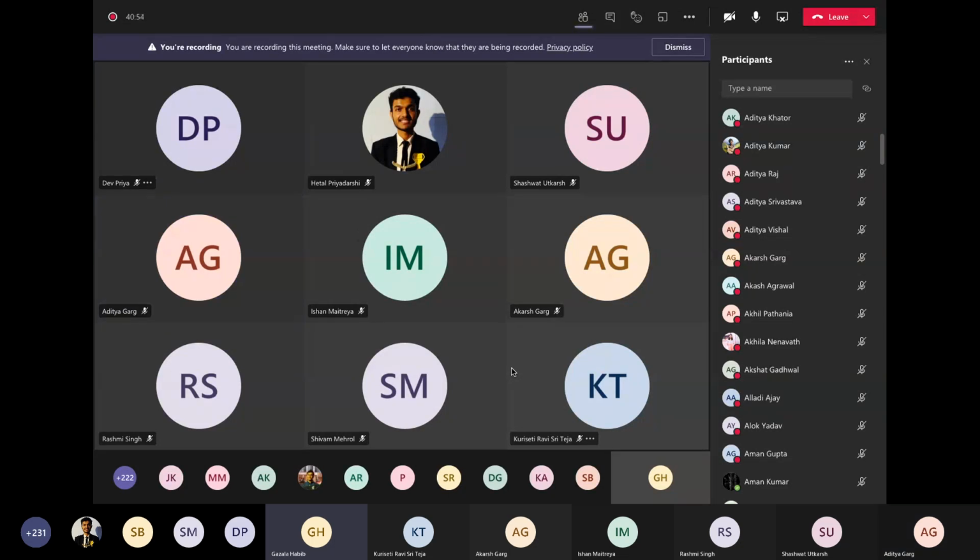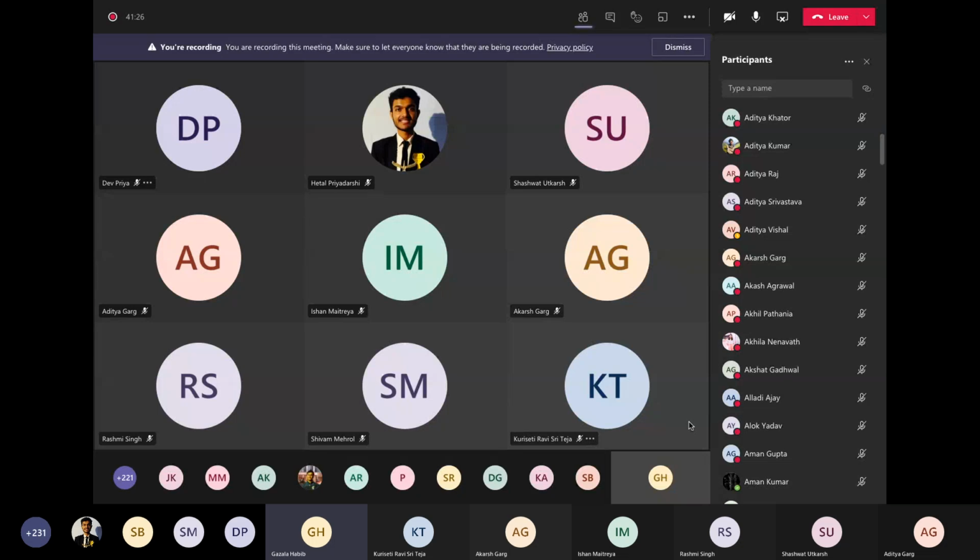So 30 minutes is the minimum requirement for getting the attendance. And one should log in before 8:15 in any case. Is that clear? Yes, ma'am. So the topic is also clear and the attendance policy is clear.